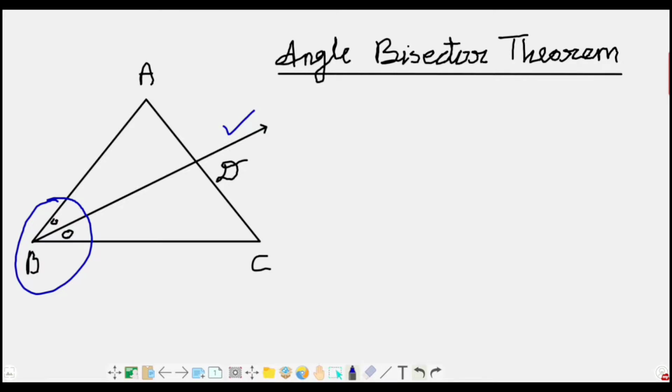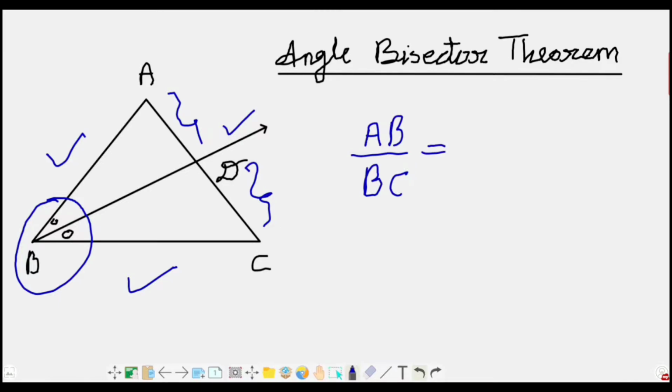Now BD divides this into these two parts, that is AD and DC. Remaining sides are AB and BC. So according to this theorem, AB upon BC, that is the ratio of the remaining two sides which contain this angle bisector, is equal to AD upon DC.